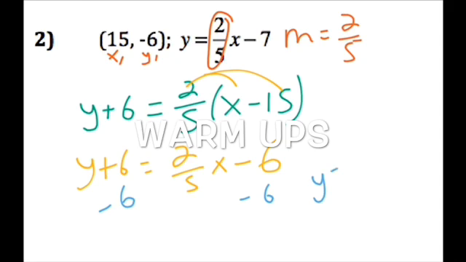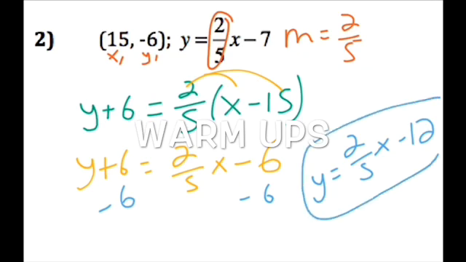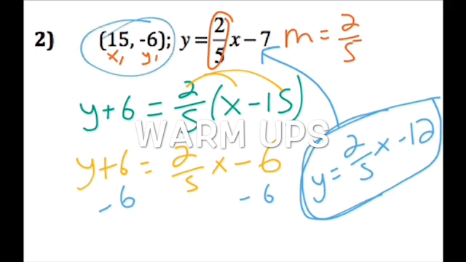So we get y equals 2/5 x minus 12. So the line that this equation represents is parallel to the line this equation represents because they have the same slope and different y-intercepts, and it goes through the point 15, -6.